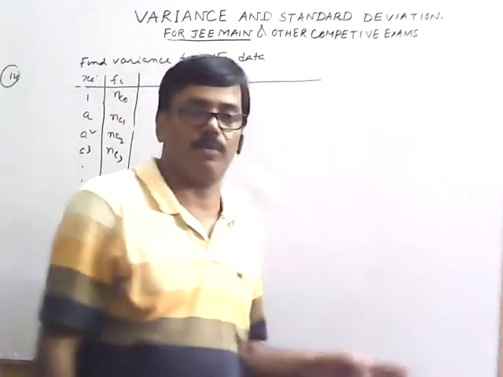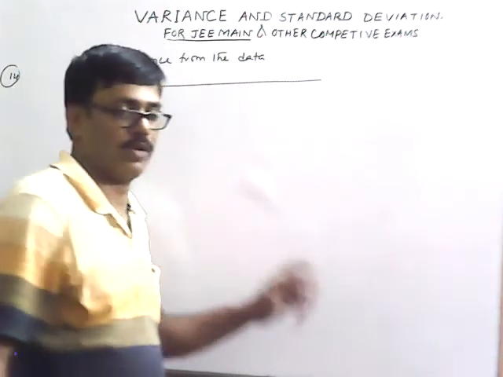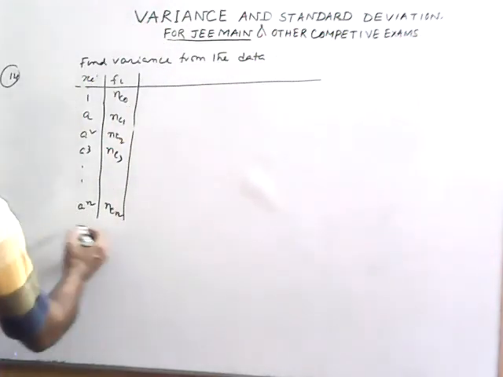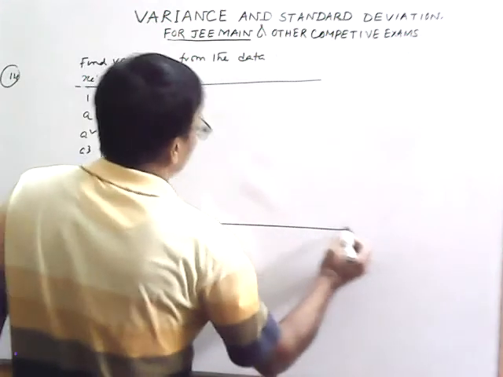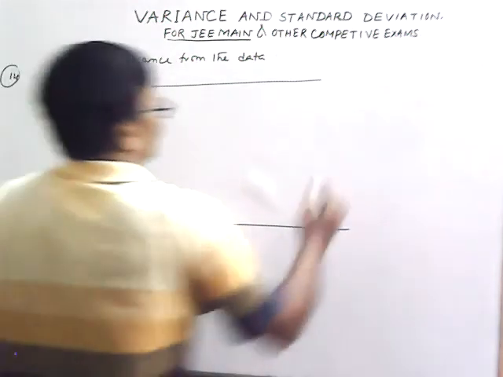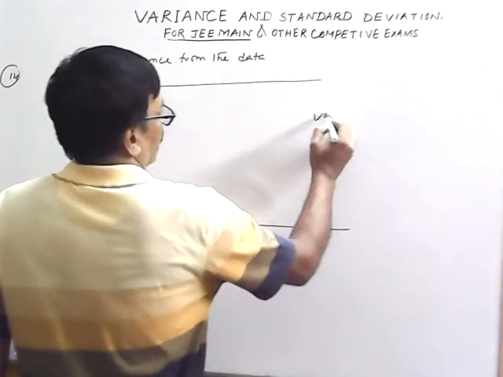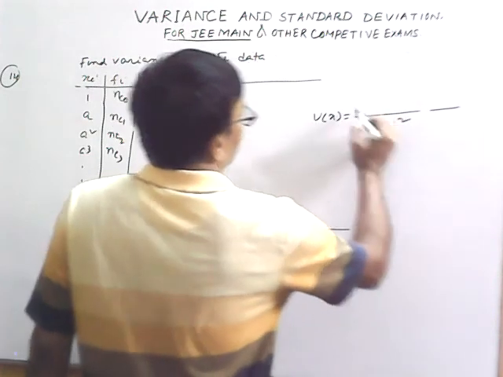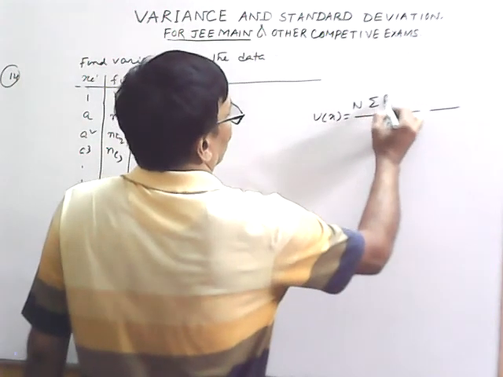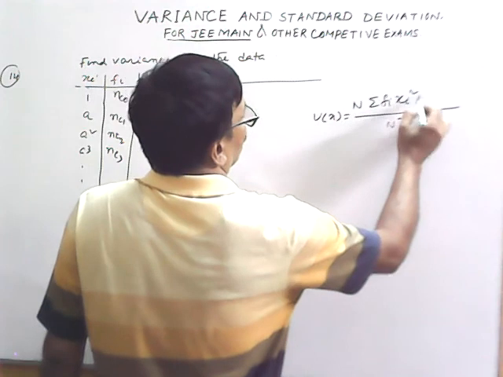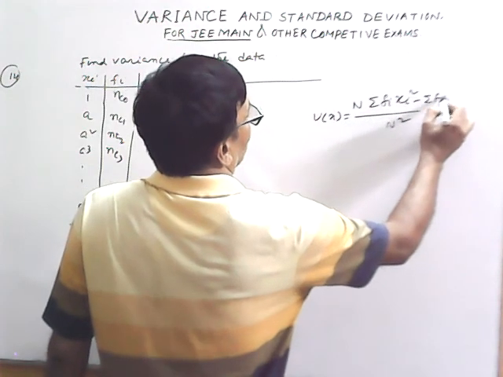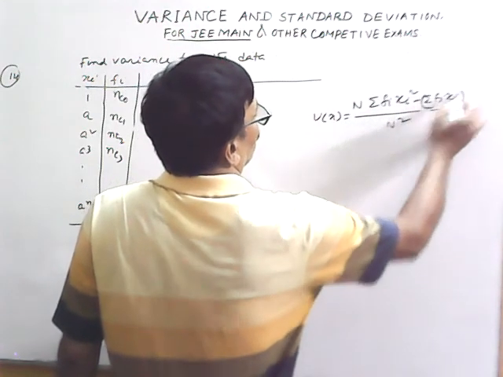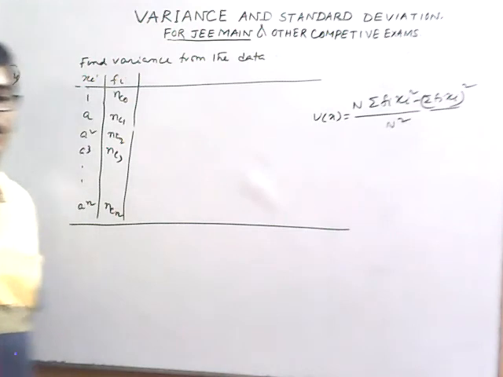So this is a problem involving frequency. So we have to find Vx. What is the formula of Vx? N is replaced by capital N, and this is N times the summation of fi xi square minus the summation of fi xi whole square. This is our working tool.